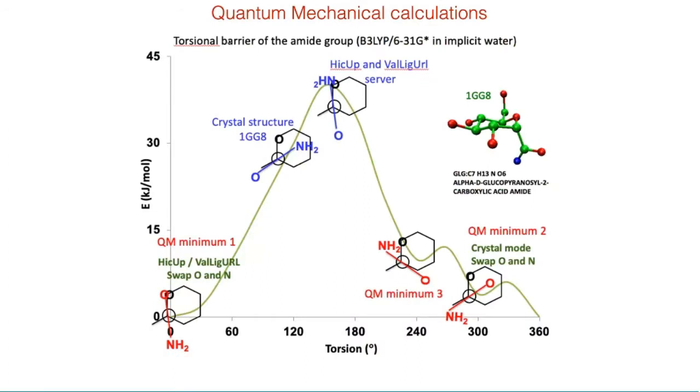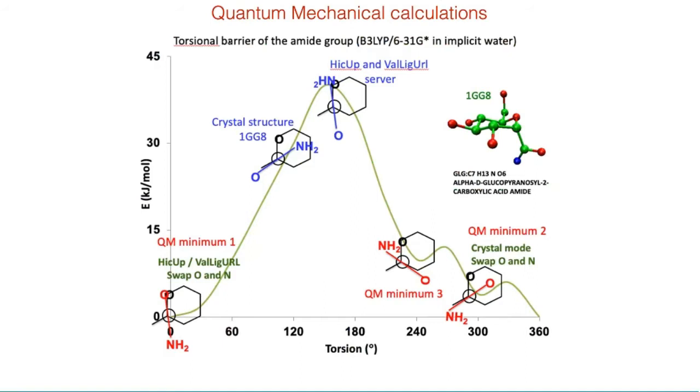For that molecule, shown here on the right under 1GG8, we look at the rotation of the amide bond attached to the ring. We find three minima. One is the minimum when the torsion angle is 0 degrees, which we call QM minimum 1. Then there's another minimum at 300 degrees, which is QM minimum 2. And there's another minimum, QM3, at 240 degrees.